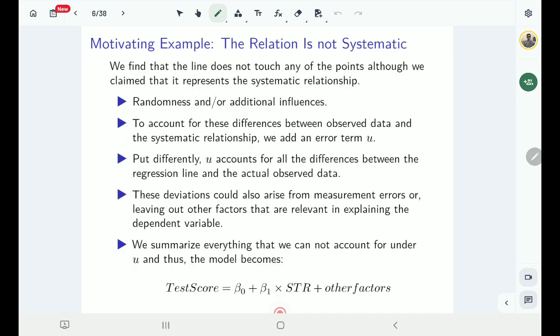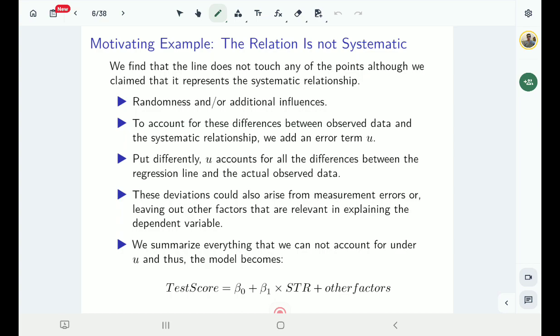Let's talk about that. So we find that the data points do not touch the line, although our claim was that the relationship between STR and student performance is perfectly linear.